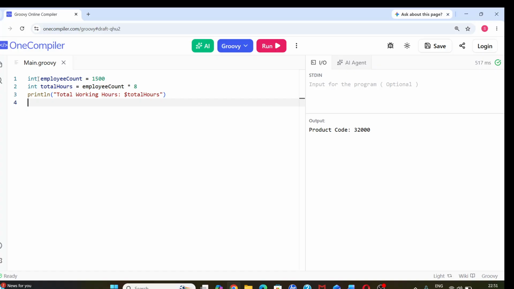Here you can see the first word int stands for integer, and it is a data type in Groovy that can store whole numbers.